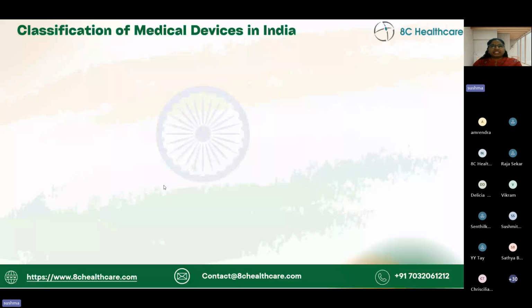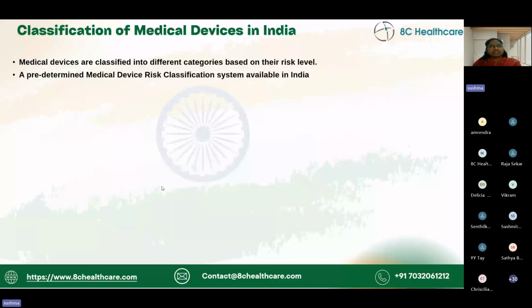Coming to classification, the medical devices are classified based on their risk level, so how much risk they are causing in the human body. Based on the risk level, they are classified into class A, B, C, and D. The CDSCO has also provided a predetermined medical device risk classification for various classes.